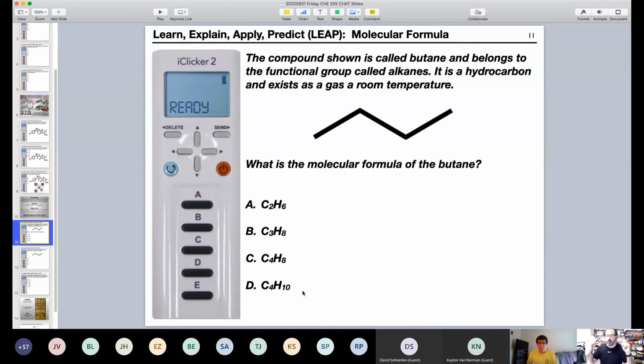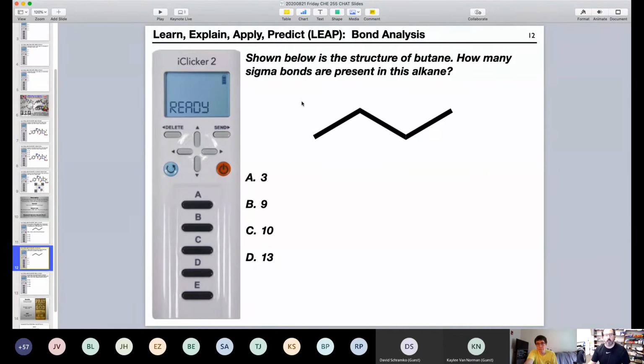So in your mind, you need to think one way and another way. You don't want to be so focused on your thought pattern that you're sort of blindsided by how the question is posed to you. So again, here's butane. How many sigma bonds are present in this alkane?